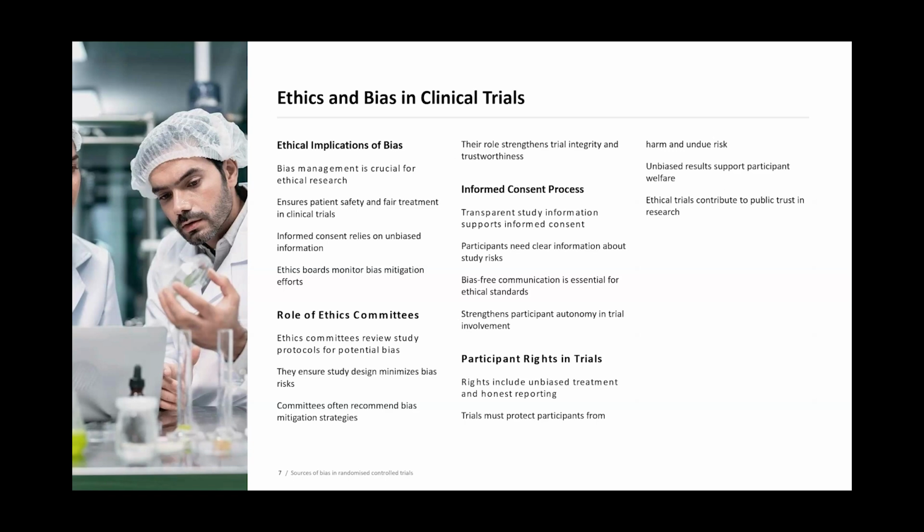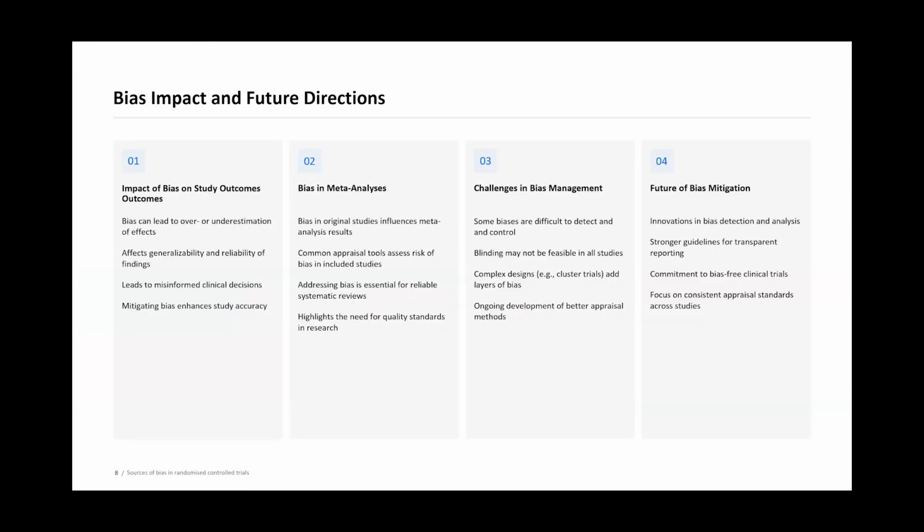Participants have the right to receive unbiased information about the study when they are joining, and ethics committees play a critical role in reviewing study protocols. And for the bias in future directions, it can lead to the underestimation of the treatment effect, which in turn influences clinical decision-making and affects patient care.